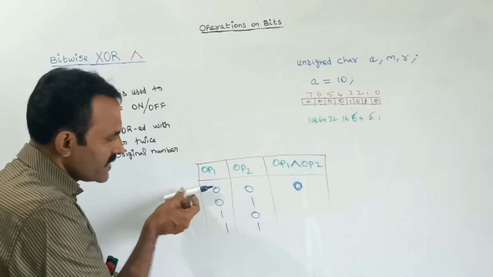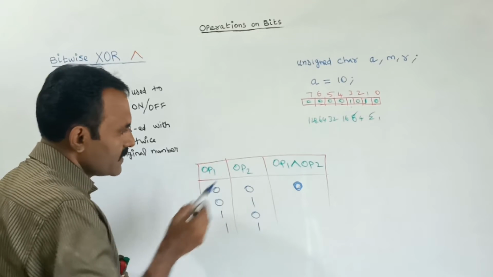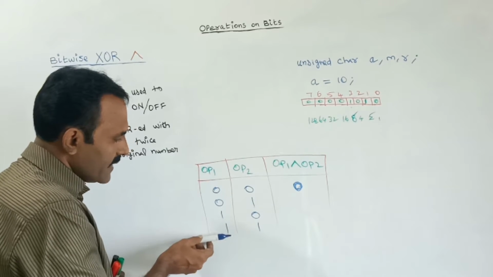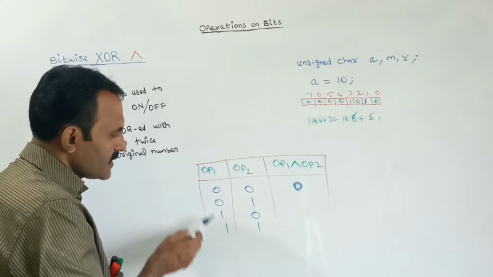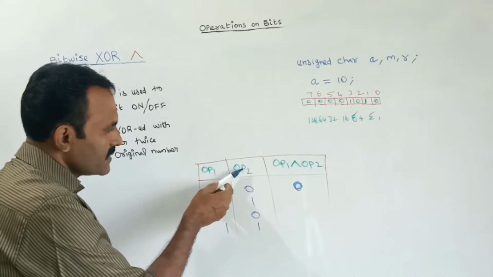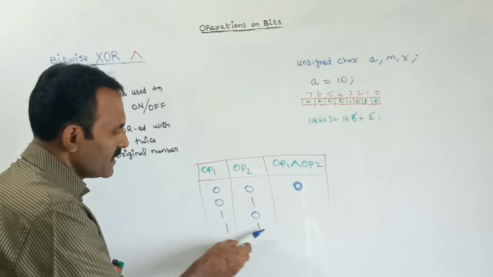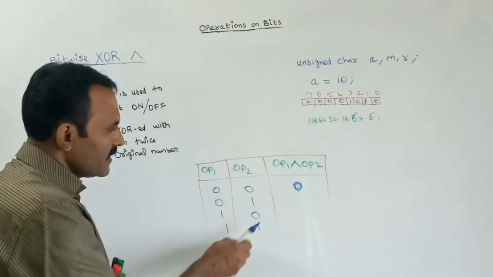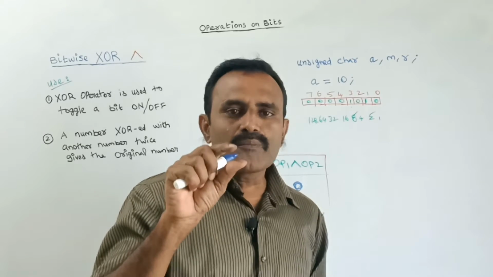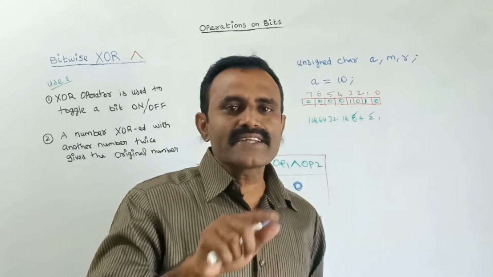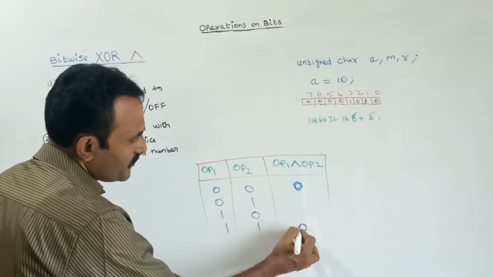Next, 0 and 0 is the same value, so I put 0 here. Here 1 and 1: operand 1 has the value 1, operand 2 also has the value 1. Both operand values are 1. In the XOR operator, if both operands have the same value, then the result is false, 0.